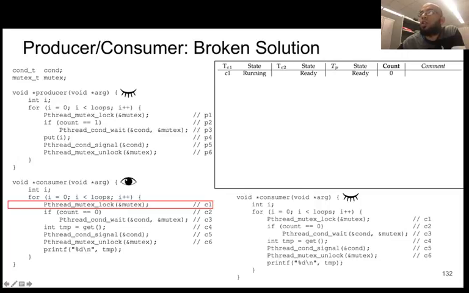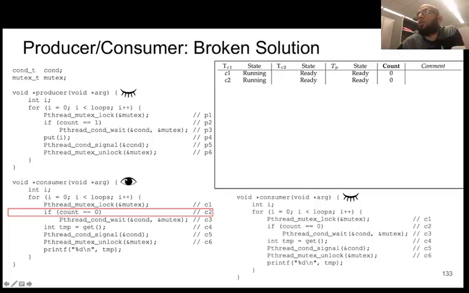So it's running, everything else is ready, okay. And if count is equal to 0, so you moved one step, and you see that TC1 is still the one that is running, while the other two are in ready state, okay.